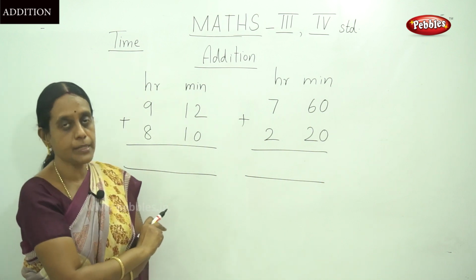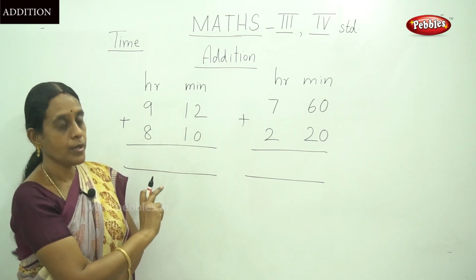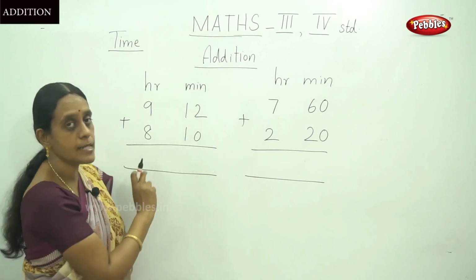Normal addition method: 9 hours 12 minutes added with 8 hours 10 minutes.